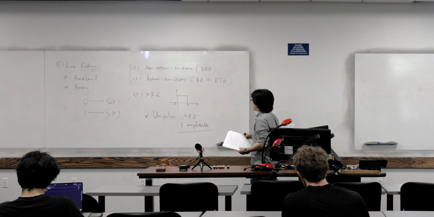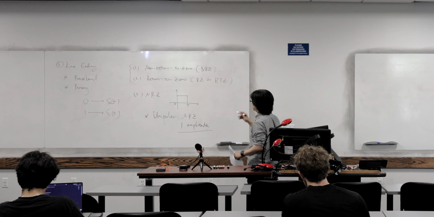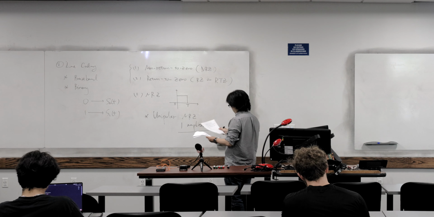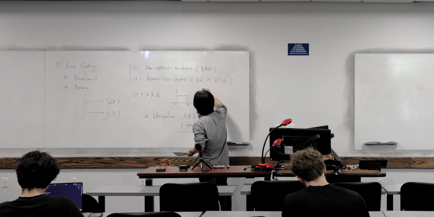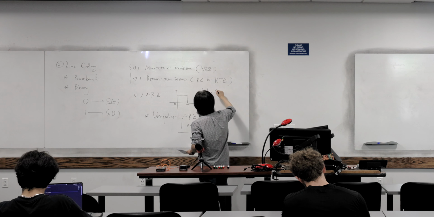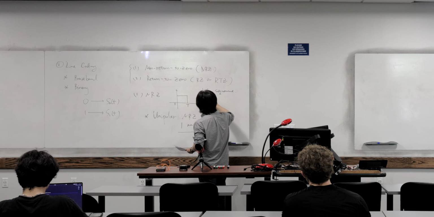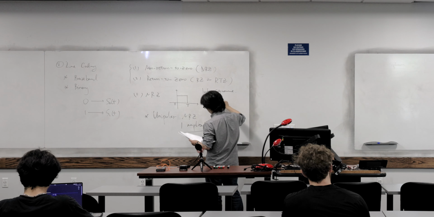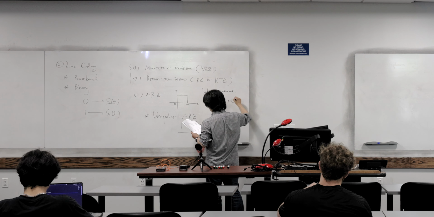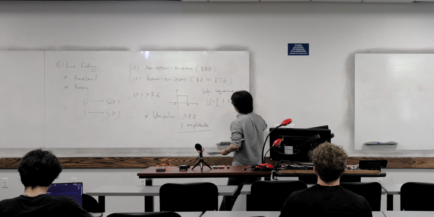Let's see an example of each of them. Let's consider an information sequence like this. We denote that as u equals 1, 1, 0, 1, 0. So this is what we transmit.